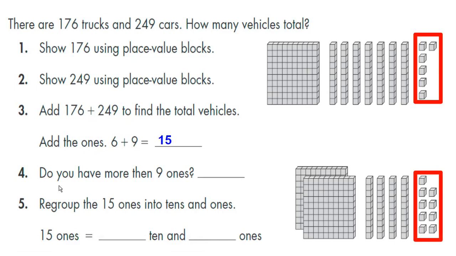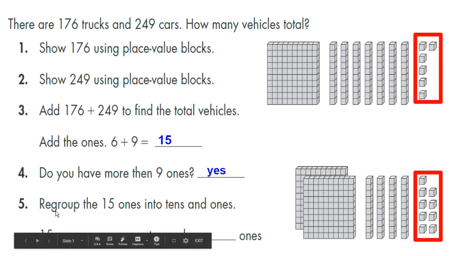It says, do you have more than 9 ones? I do. The reason they ask this is because 15 is a double digit. Can we put 15 ones in the ones column? No, we can't. So we have more than 9 ones, so we have to regroup.